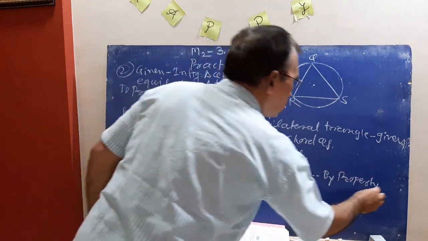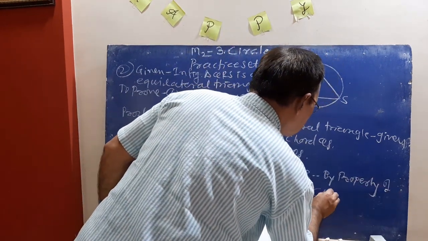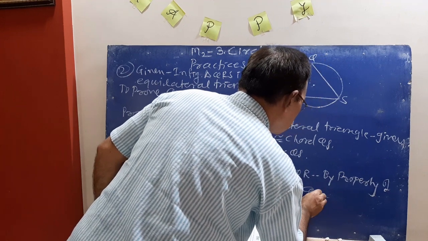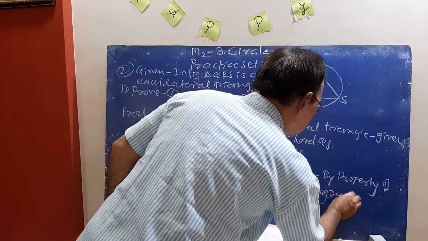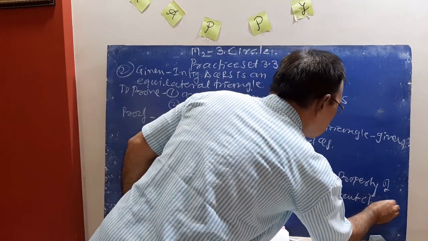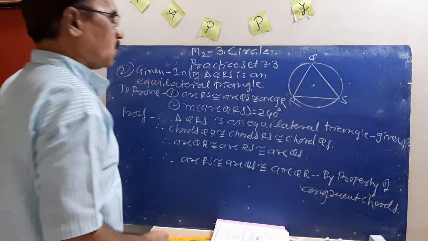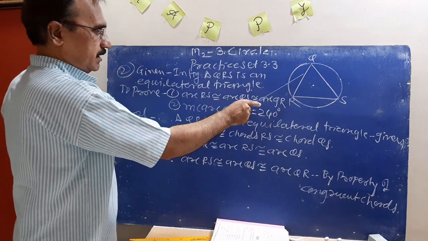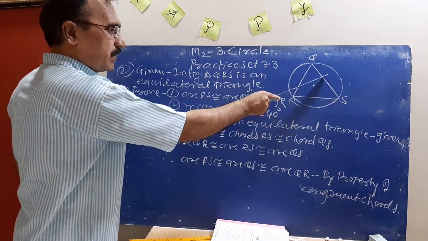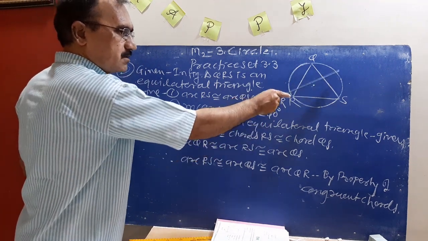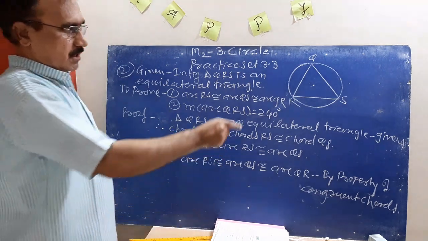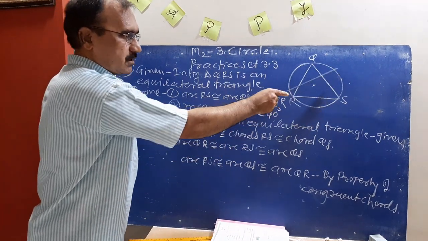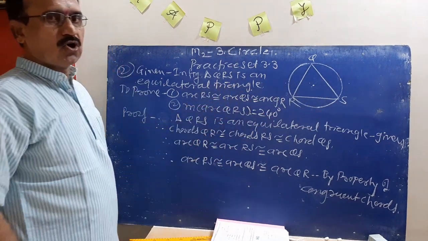By the property or theorem of congruent chords. You know the theorem: if chords are congruent, the corresponding arcs are also congruent. If arcs are congruent, then the corresponding chords are also congruent.